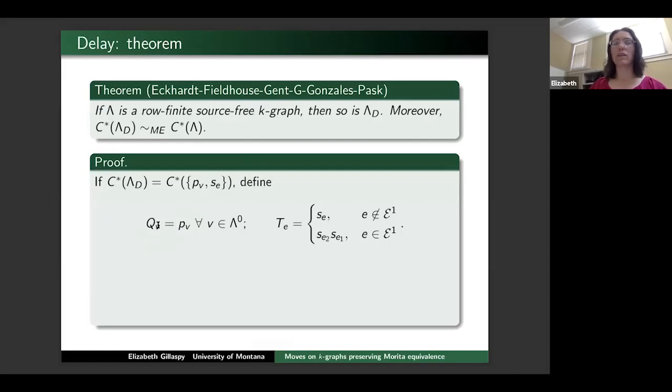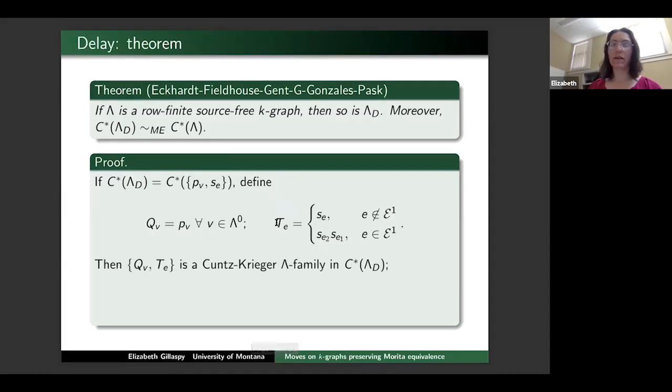The projection associated to the vertex V is just going to be the generator for that vertex inside C-star lambda D. And the partial isometry for the edge E, well, if we didn't delay at E, then I'm just going to use the SE again, the same generator in C-star lambda D. And if I did delay at E, then I'm going to take those two new edges that I created and multiply them to get the new partial isometry TE.